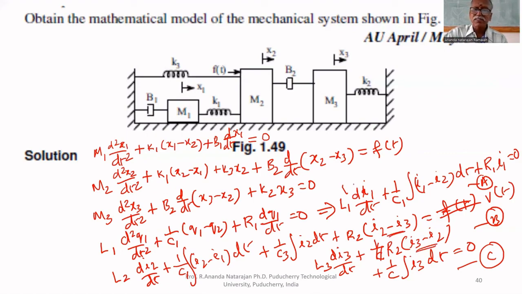If you consider the first equation, it is between the first loop and the second loop. Sometimes 1 and 3 will come, but no such problem here. That's why only three loops.